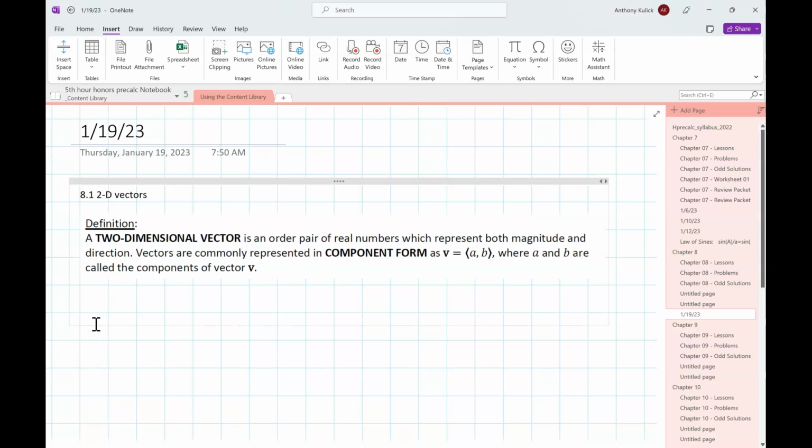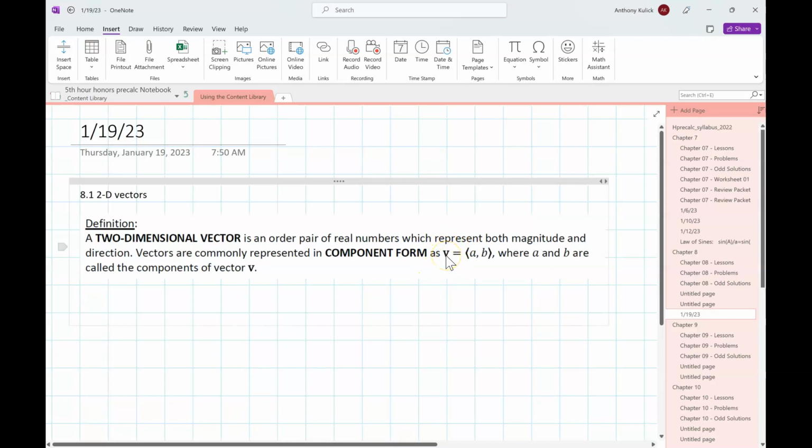vocabulary should come back. When we talk about representing a vector, there are lots of different representations we can use, and we're going to look at many of those in this chapter. The most common representation is probably this component form. So we'll represent our vector v.